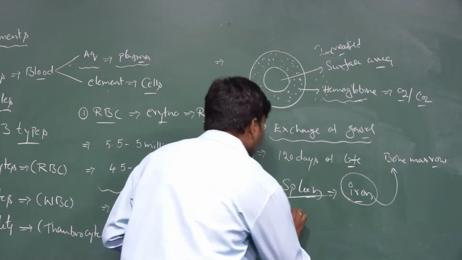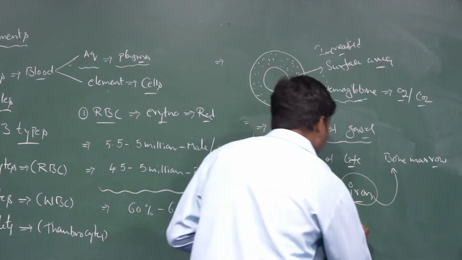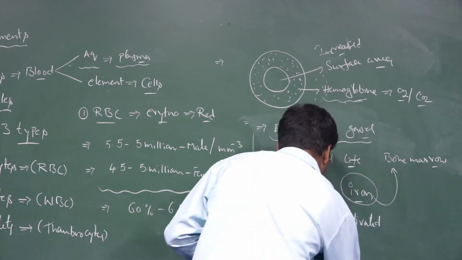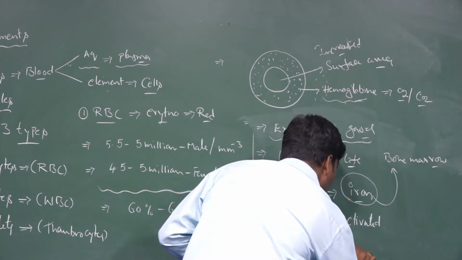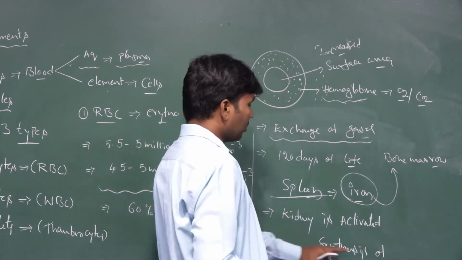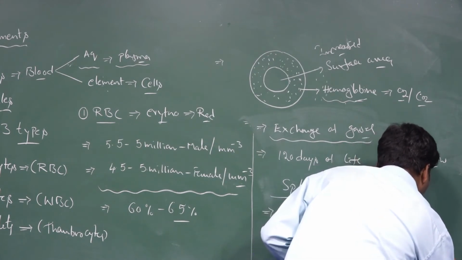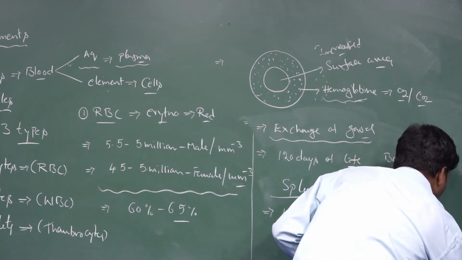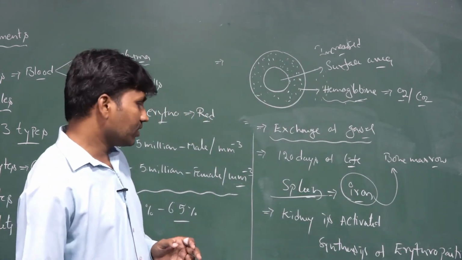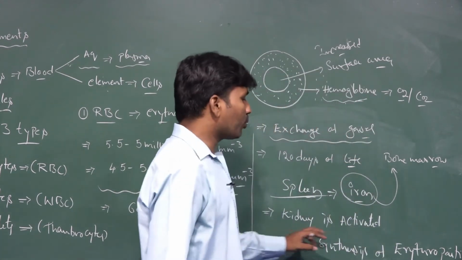At that time the kidney is activated and synthesizes the hormone erythropoietin. So this hormone erythropoietin is secreted.